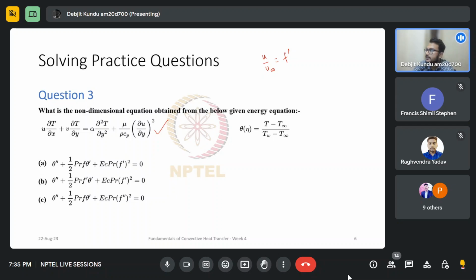This is what we have to use. Now I'm giving a hint over here, so you can try to fully non-dimensionalize this entire equation, simplify each term and try to see where that goes. Or there is a trick solution where you can look for specific terms and see which equation matches with that. This is a hint that I'll drop.